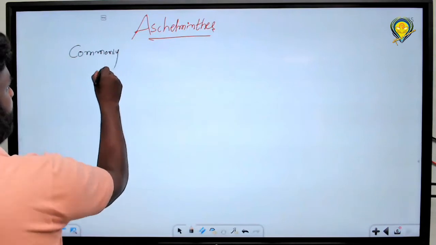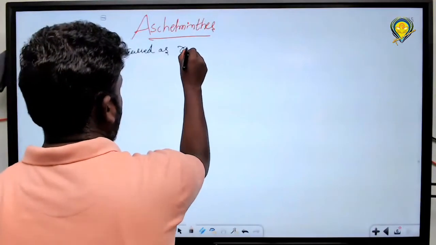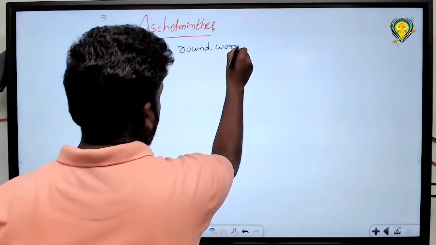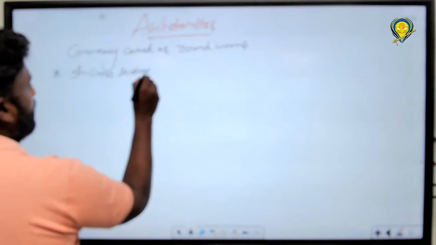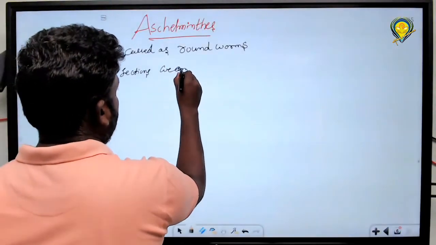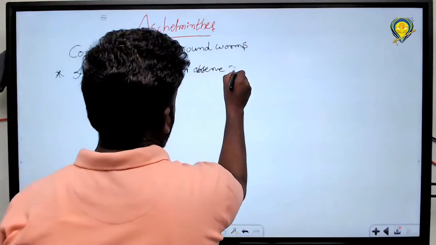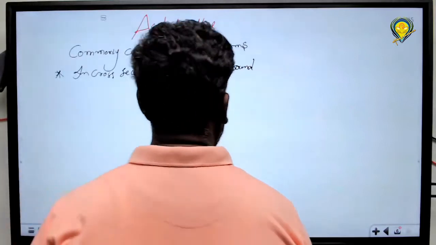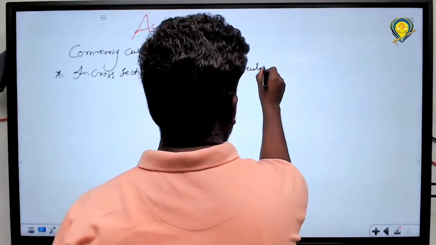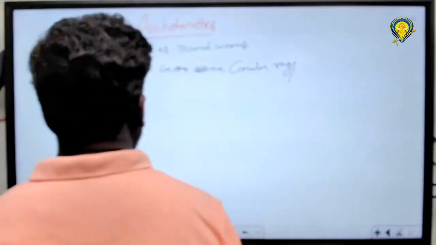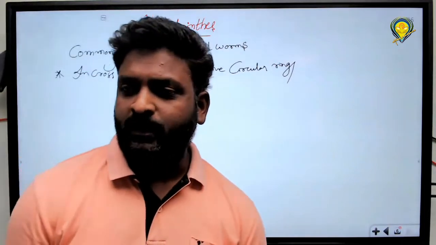Commonly called as roundworms. Why? Because in cross sections, we can observe circular rings, hence it is called roundworms.